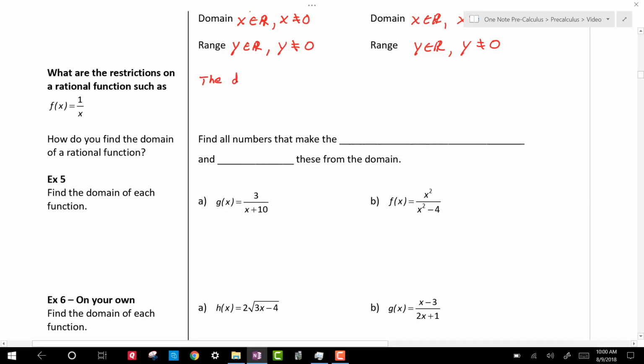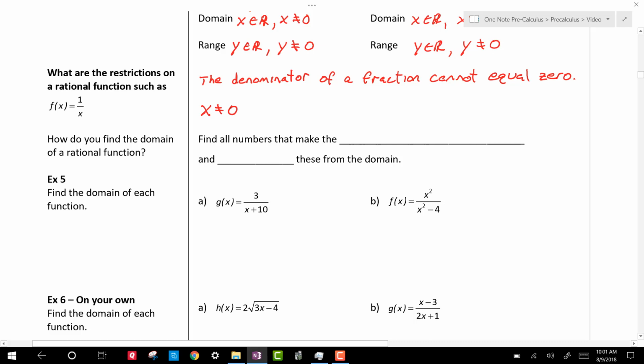So the denominator of a fraction cannot equal 0. If I look at this particular function, the only number that I cannot plug into there is 0. So x cannot equal 0 in this function.